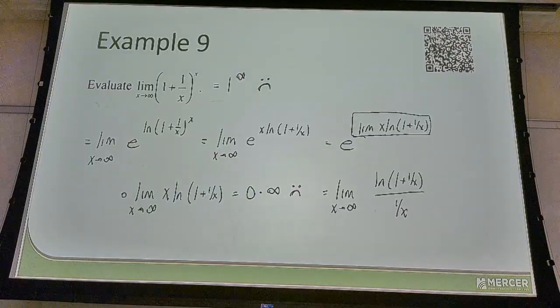We're going to rewrite that, all right? Now what do you get? Infinity over... no, 0 over 0. Finally, we can use L'Hopital.